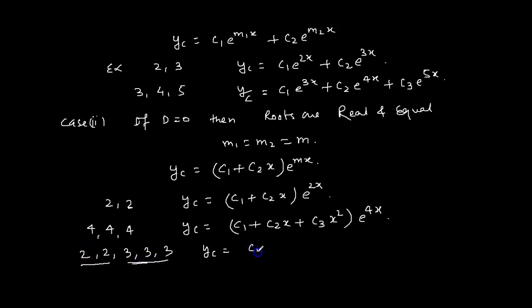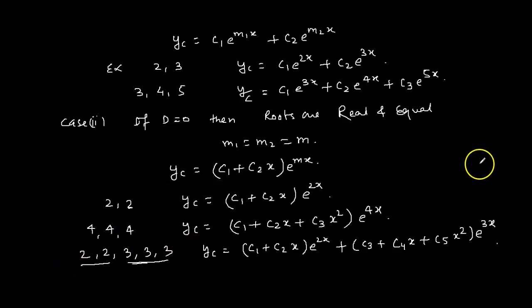So I can write yc is equal to c1 plus c2x into e to the power of 2x plus c3 plus c4x plus c5x square into e to the power of 3x. Any doubt here?